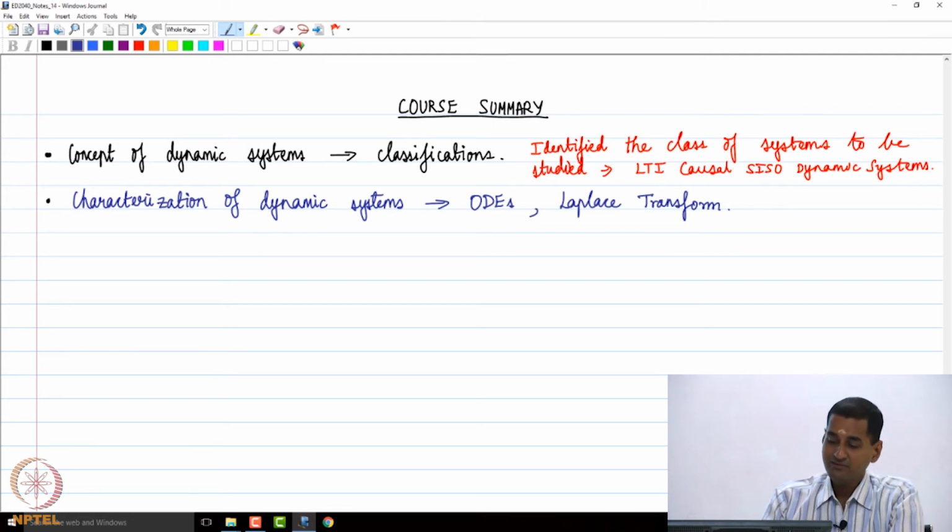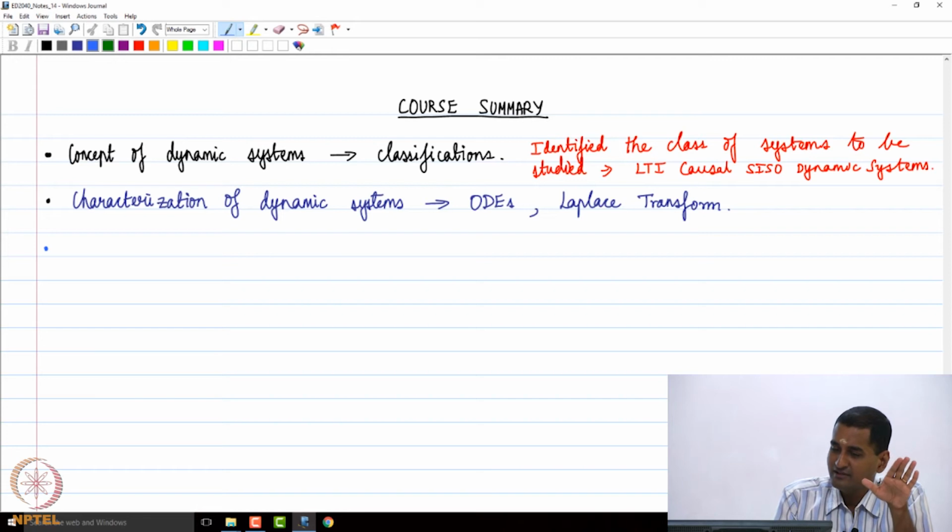Then what did we learn? By Laplace transform I refer to all its properties, examples that we did and so on. Then we also did one more thing.